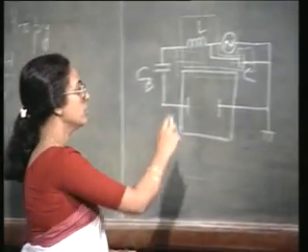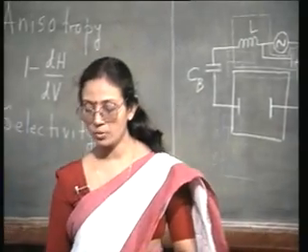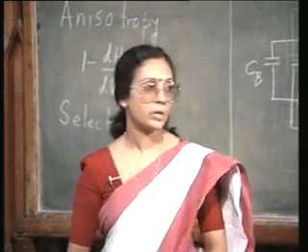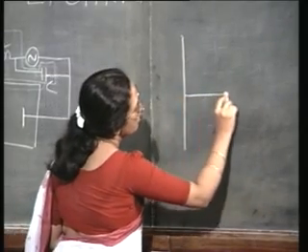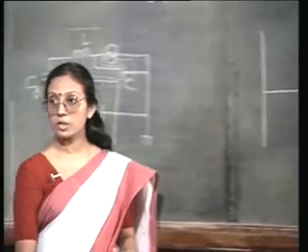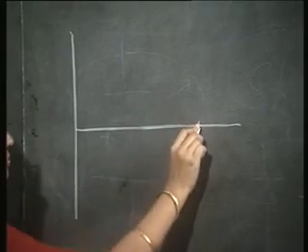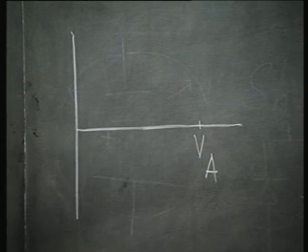We always call this one anode. The grounded electrode is always called anode. So, at the anode the potential is always going to be 0, because I have permanently grounded it. This is my anode potential.